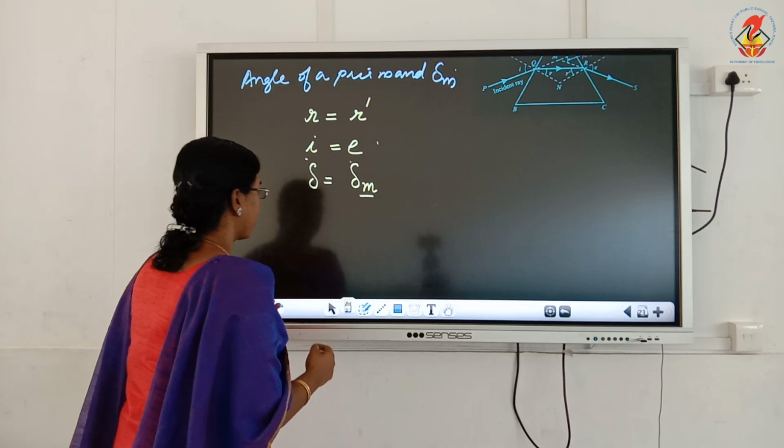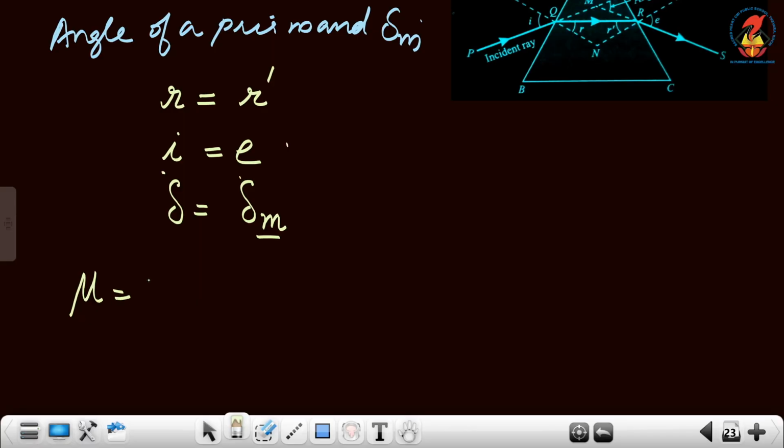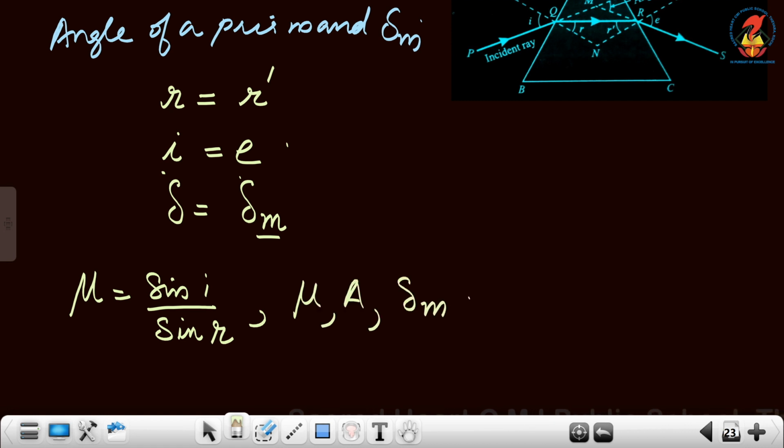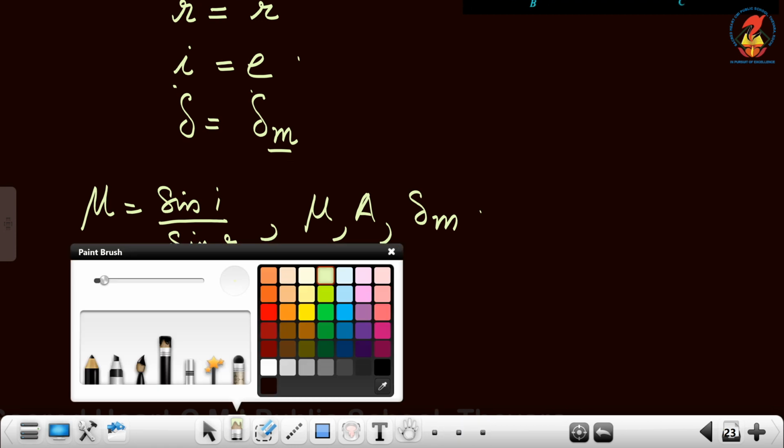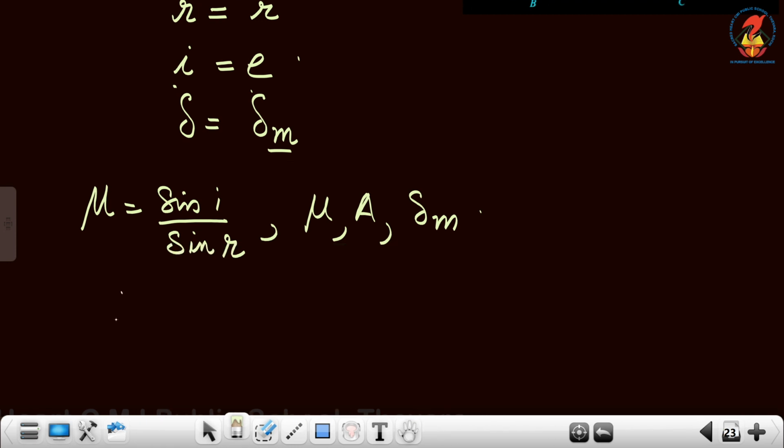Now, using Snell's law, what is Snell's law? Snell's law is mu is equal to sin I by sin R. We are going to find out the relation between refractive index, angle of prism, and angle of minimum deviation. For that, we are using equation 3 of the first derivation of prism, that is A is equal to R plus R dash.